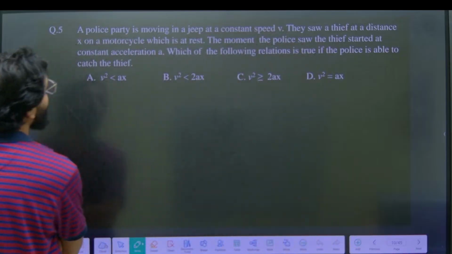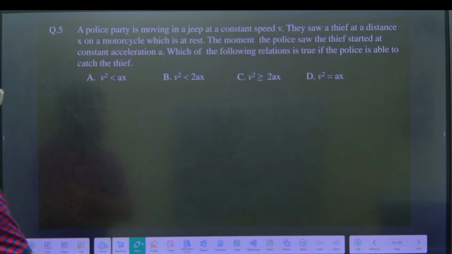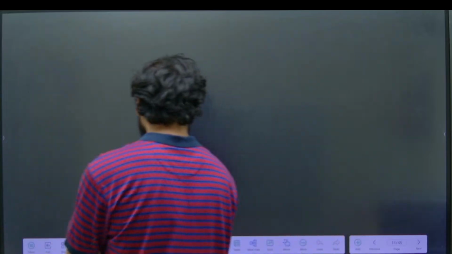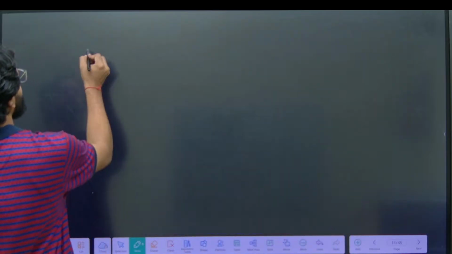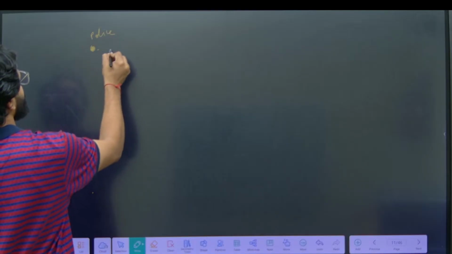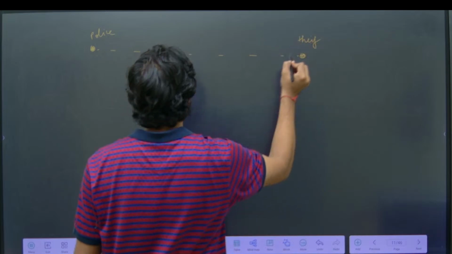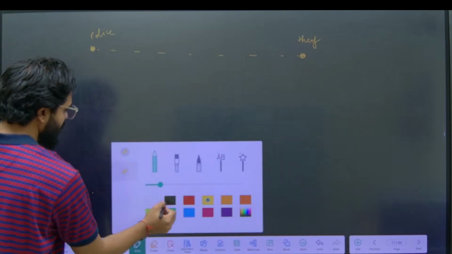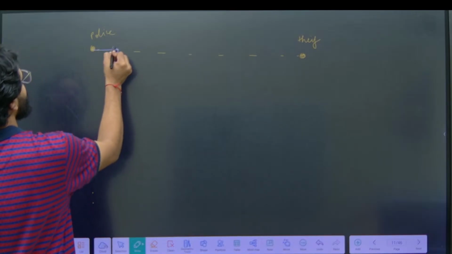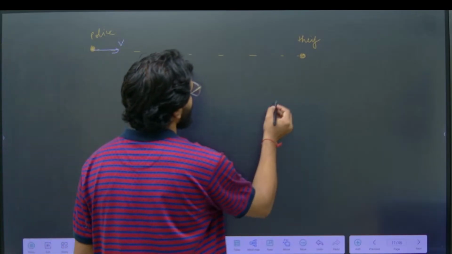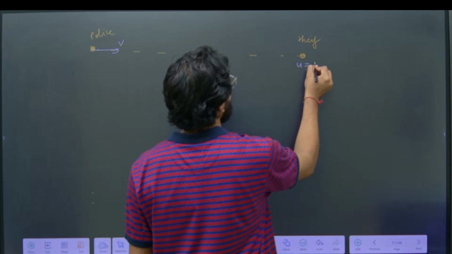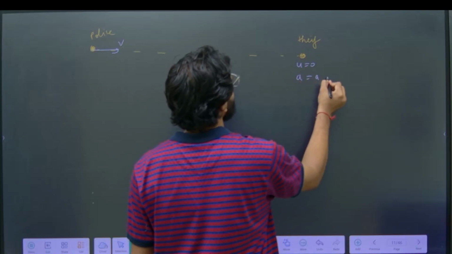So we can say this. This is the police, and this is the thief. Over here it is moving with constant velocity v. Its initial velocity is 0, but acceleration is a in this direction.